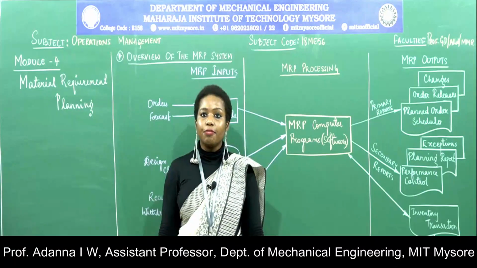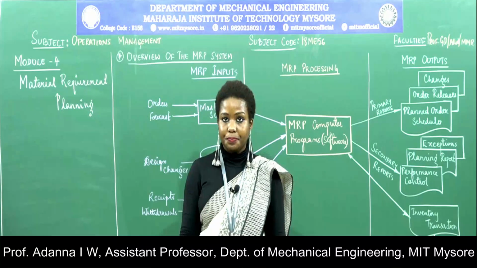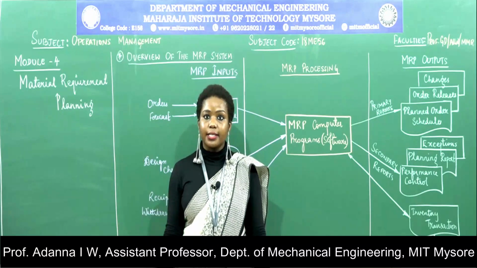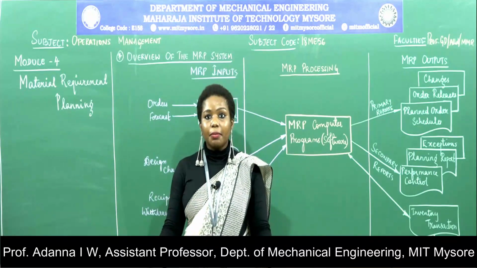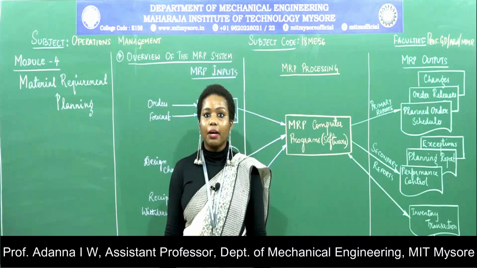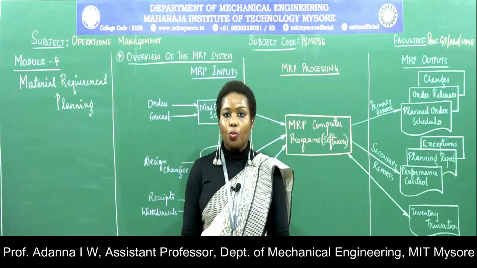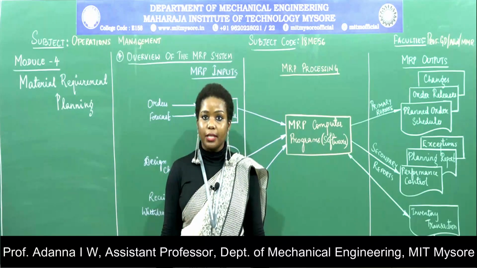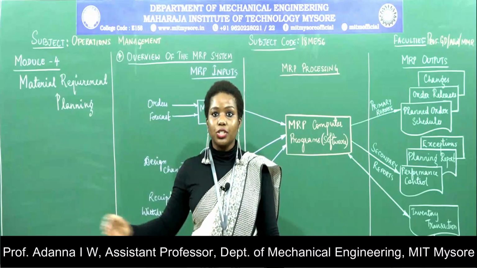In other words, even in the manufacturing of a simple chair, I require 4 legs, a backrest, a cushion, armrests, whatever be the requirement. The final requirement given to us by the MPS is a chair. What does the MRP do? The MRP divides this into different, smaller components that will contribute to the chair.